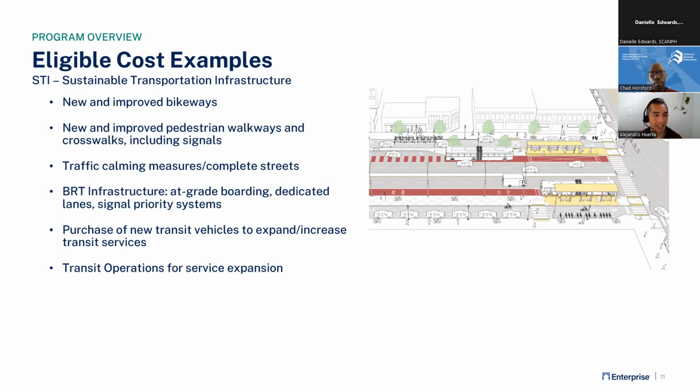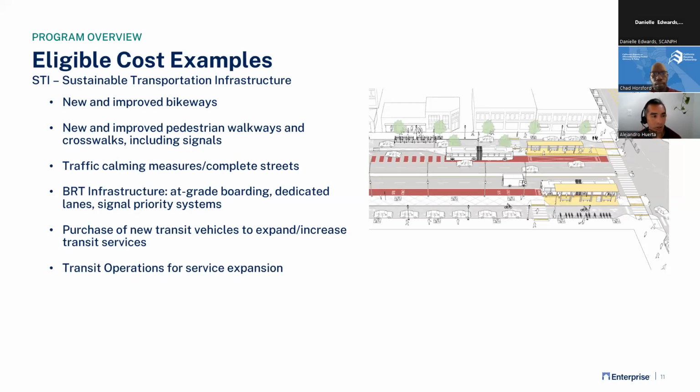The second is anything related to transit. So here is where the transit partners come in, as Chad said, where they are looking to partner with you on procuring vehicles, whether that's buses or train cars, as well as the actual infrastructure. So think about creation of bus-only lanes, for example, and anything associated with that.